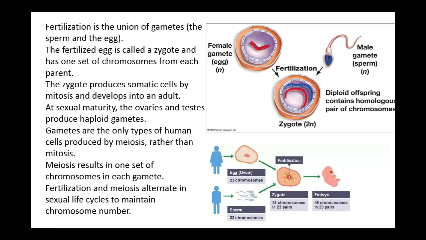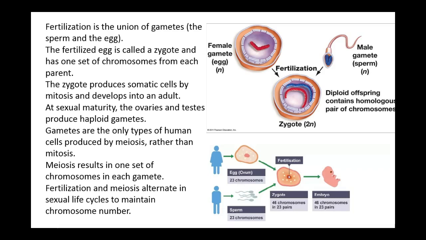Gametes are the only type of human cells that are produced by meiosis. All the other human cells are produced by mitosis. And in this process of meiosis, the result is a gamete with that haploid set of chromosomes.